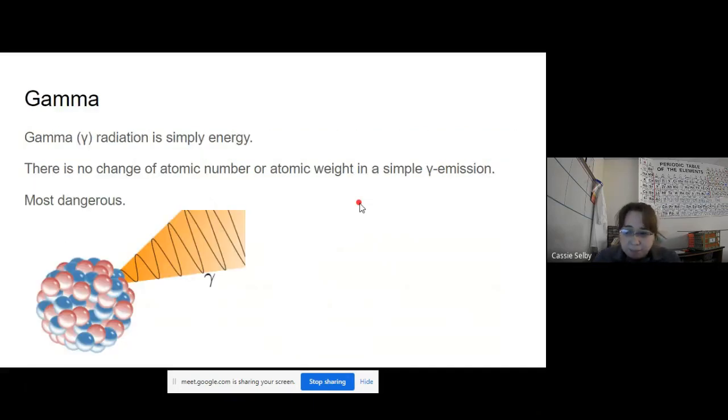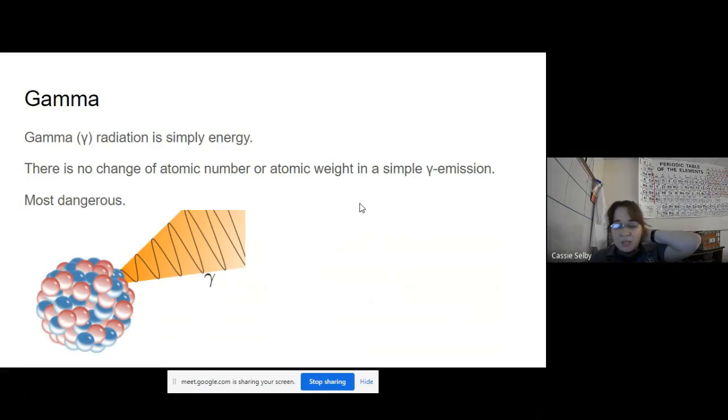Now here we have gamma radiation. With gamma radiation, there is no change in atomic size or atomic number or anything. It's literally the release of energy. And this is the most dangerous.